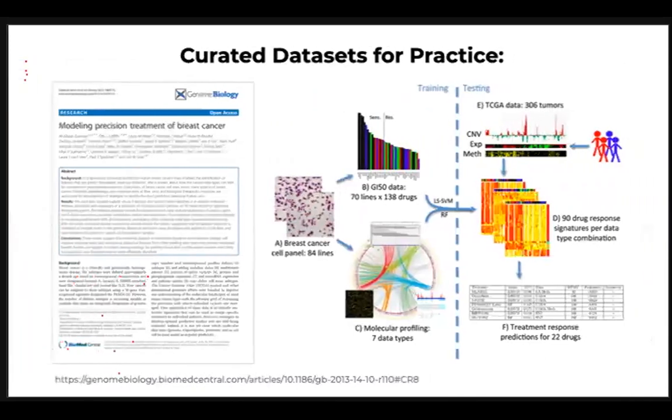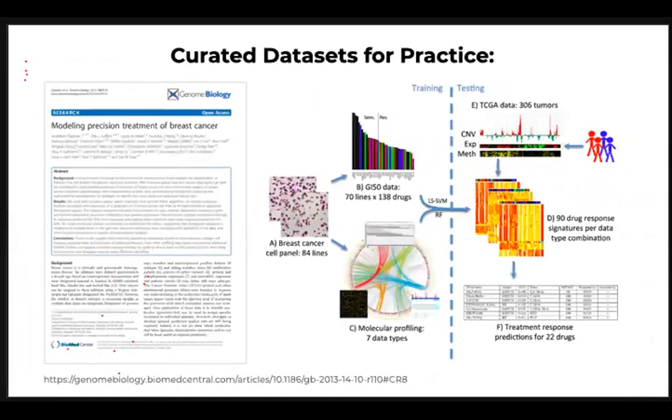So I said earlier, not only are we going to teach you about resources, but also open you up to bioinformatics projects. On our website, we have curated data sets for practice. We'll tell you some of the publications where we are getting these data sets. For example, there's the precision treatment of breast cancer, which was featured in Genome Biology in 2013. The publication is very interesting because the authors assembled a data set of 50 different breast cancer cell lines that represent the whole spectrum of breast cancer variations.